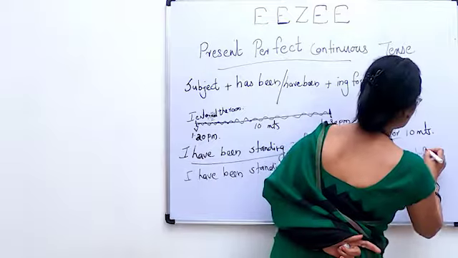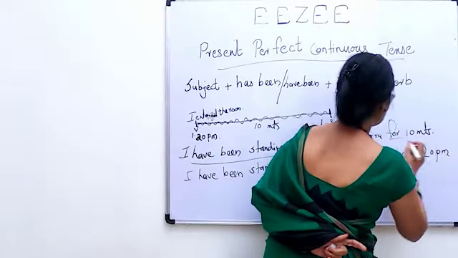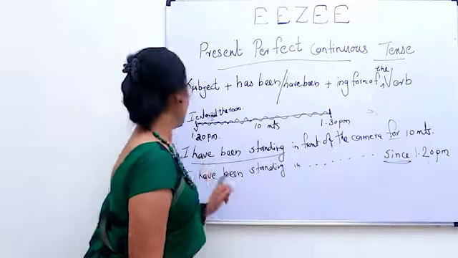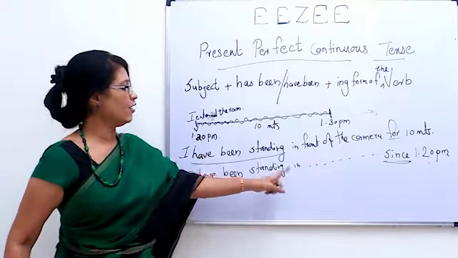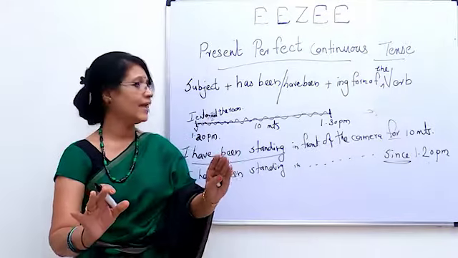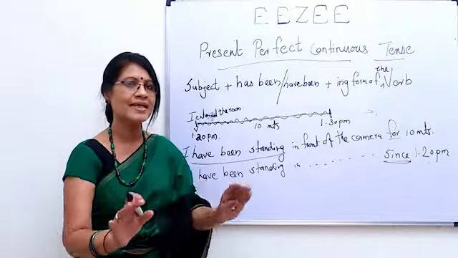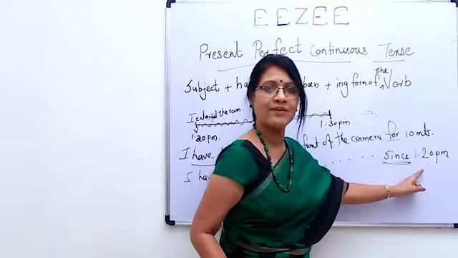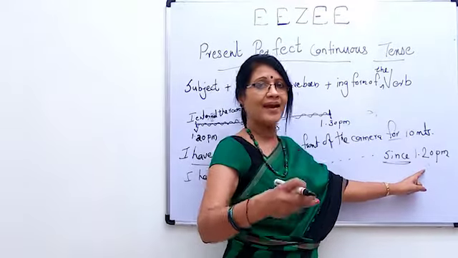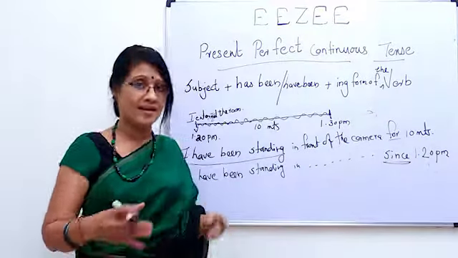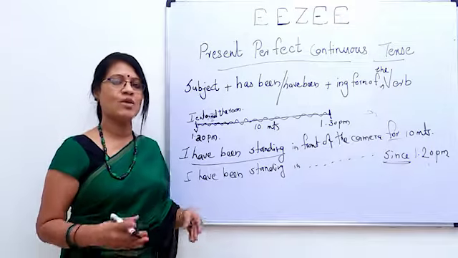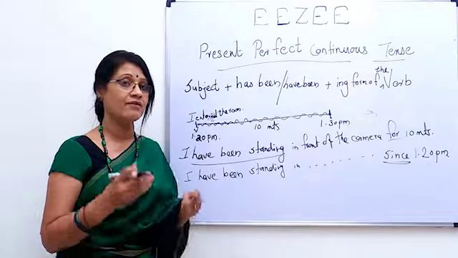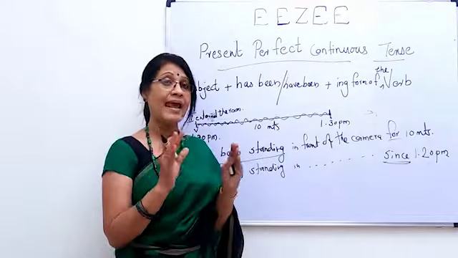The meaning of these sentences is the same. Here, I mentioned the exact time. You are getting an idea of when I started standing here. I was standing here, now also I am standing here. I have been standing in front of the camera for 10 minutes.